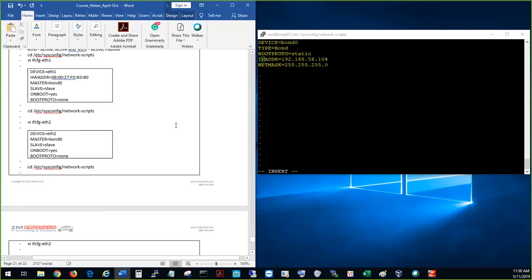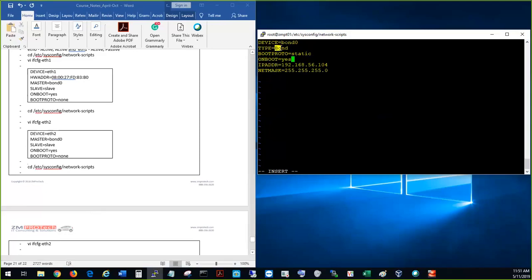Okay, so I have everything here, and ONBOOT equals yes. Okay, guys, now you have to type some of these things exactly. Some of this stuff goes in uppercase. All this has to be uppercase.